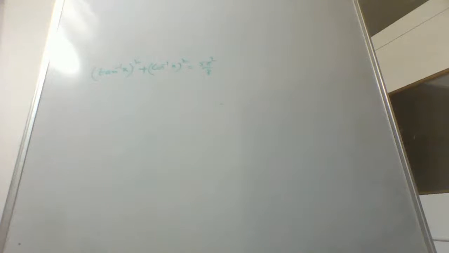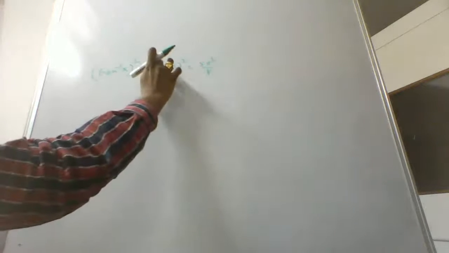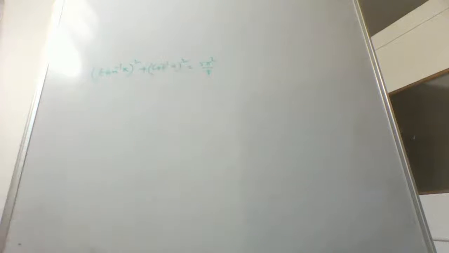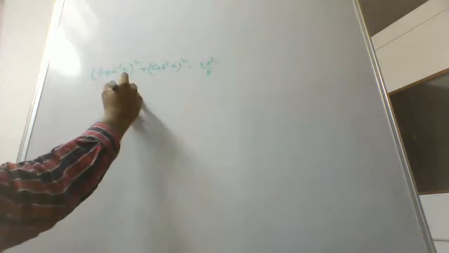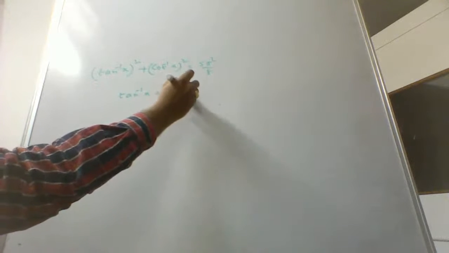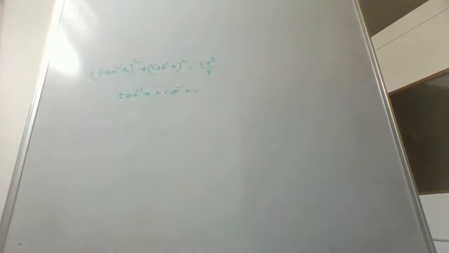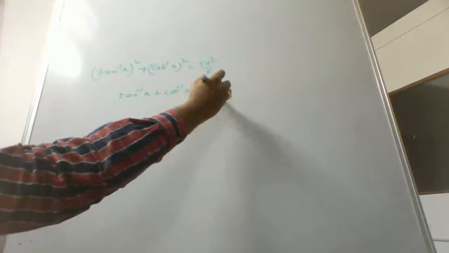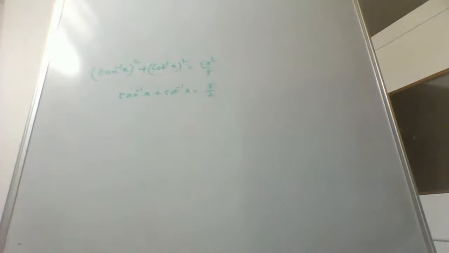Now we know that, sorry, this is cot inverse of x. Now we know that tan inverse of x plus cot inverse of x is equal to pi by 2.